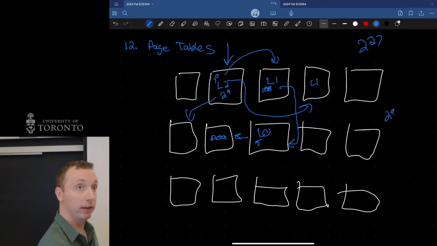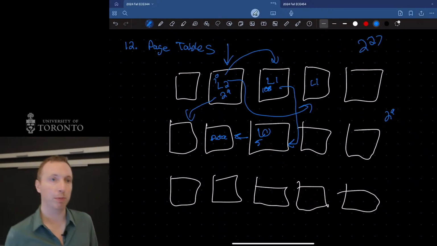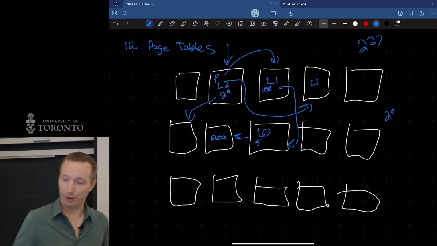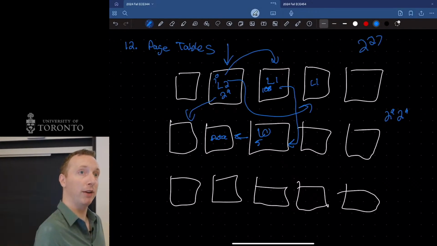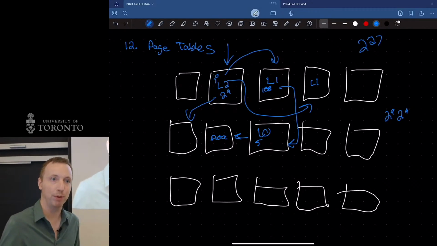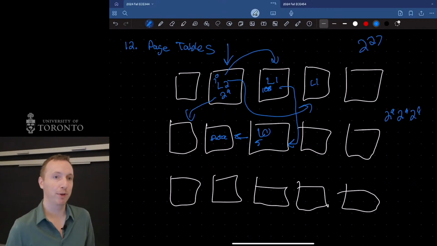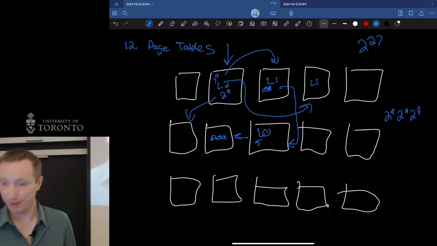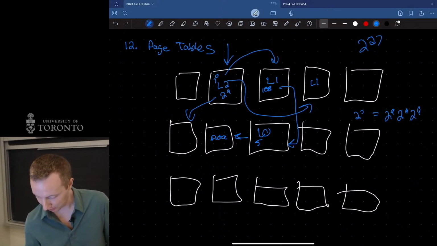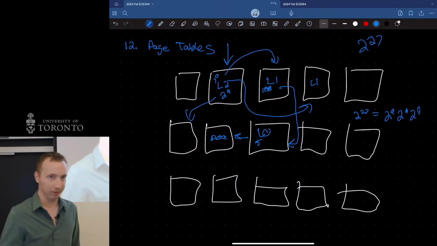How many different things could each L1 page table point to? 2 to the 9. And how many different pages could each L0 page table point to? 2 to the 9. What's 2 to the 9 times 2 to the 9 times 2 to the 9? 2 to the 27, so it's the same thing. I'm just splitting it up a bit differently.